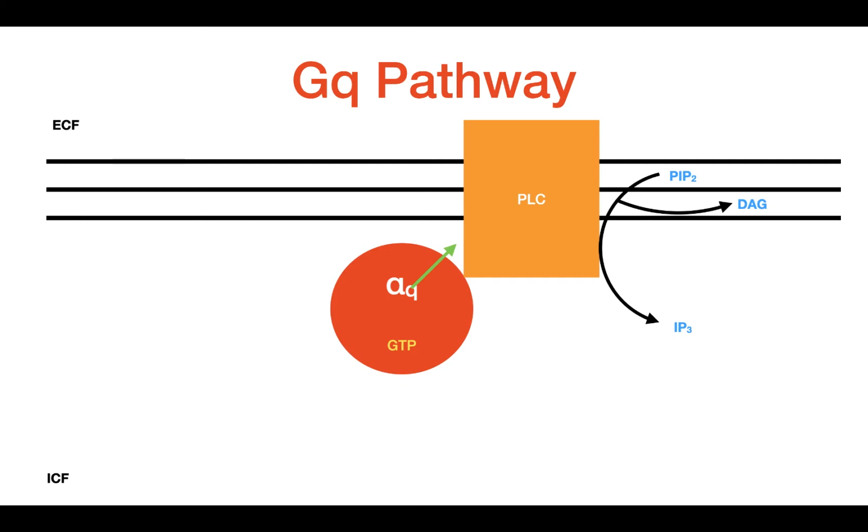So basically what PLC is doing is converting PIP2, which is found inside the plasma membrane, into inositol triphosphate, or IP3, and diacylglycerol, or DAG. Now, each of these second messengers has different effects, and we're going to go through them individually.